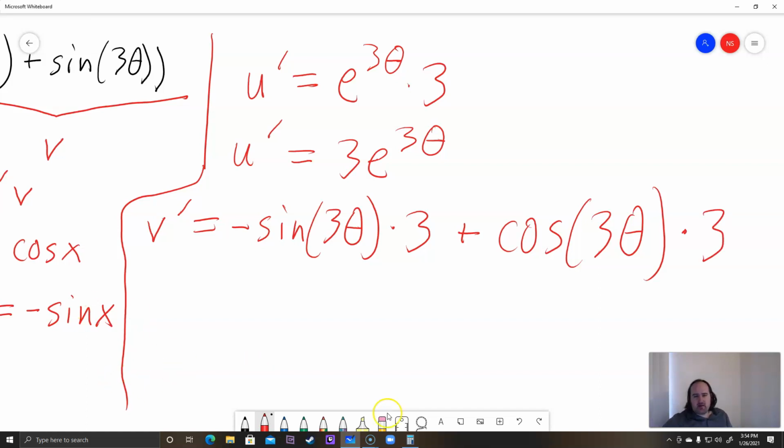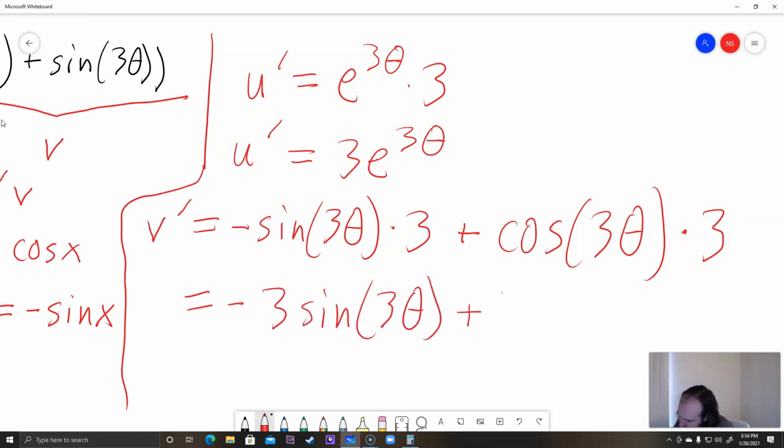So we have v prime equals negative sine of 3 theta times 3 plus cosine of 3 theta times 3. People usually bring these 3's in front, so they would write it as negative 3 sine of 3 theta plus 3 cosine of 3 theta. And that's our v prime.